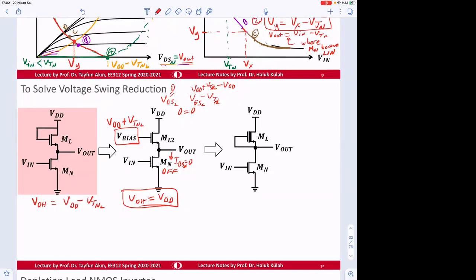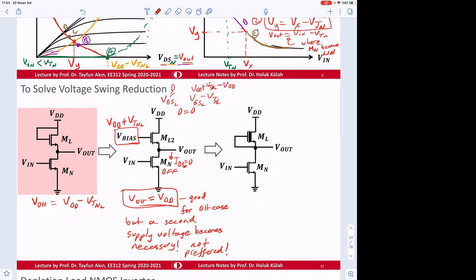So output high can be good for output high case, but a second supply voltage becomes necessary. Okay, not preferred. But you know, it is a possibility.